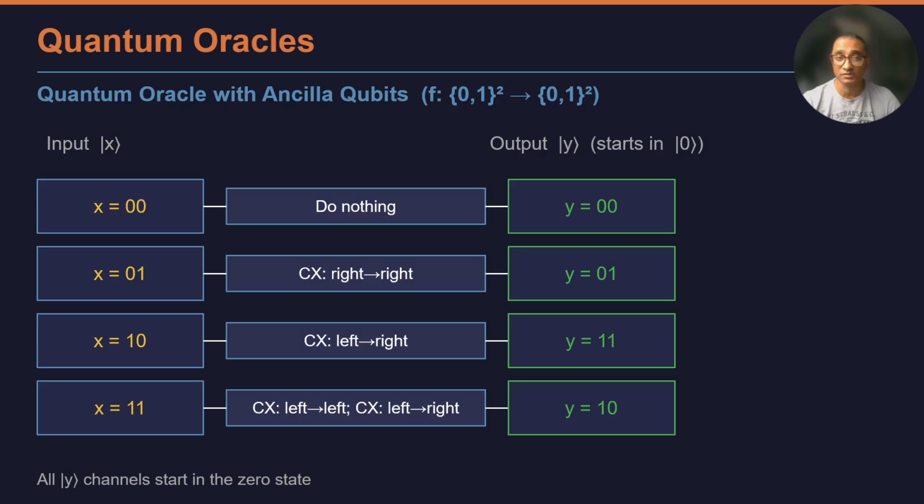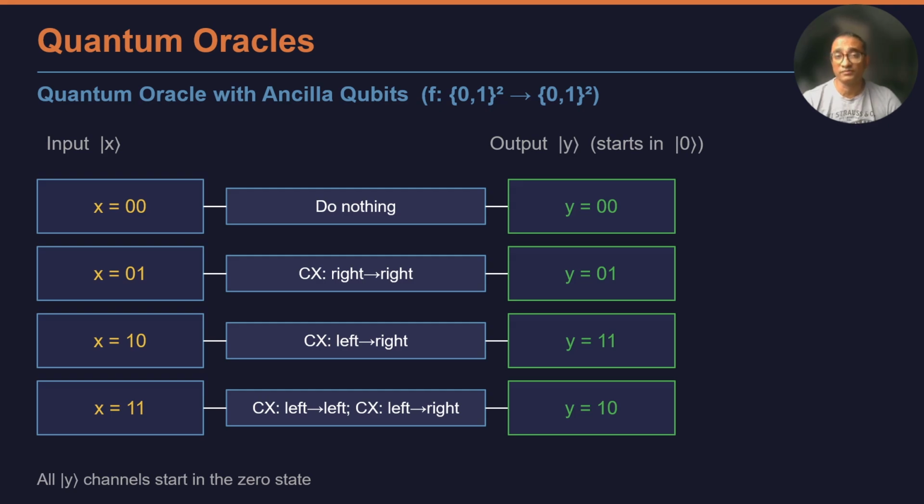So when the input is 0, 0, and we assume that we already have the ancilla qubit to manage the input-output qubit number, we do nothing.